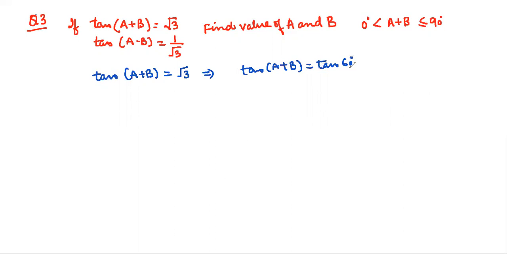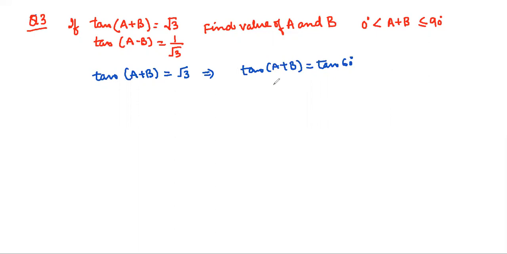Children, whenever this trigonometric ratio is equal to this trigonometric ratio, left hand side and right hand side both have the same trigonometric ratios. The same trigonometric ratio will have the same value, then only they are equal. The angle attached to it should be the same.